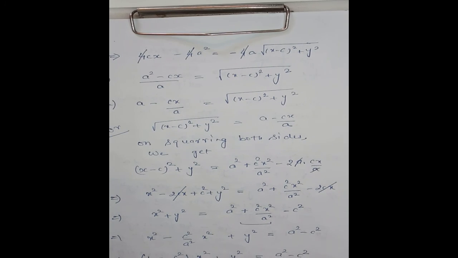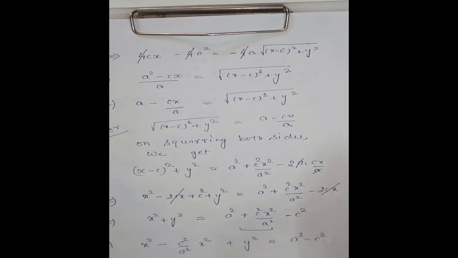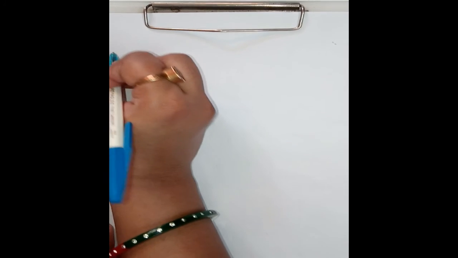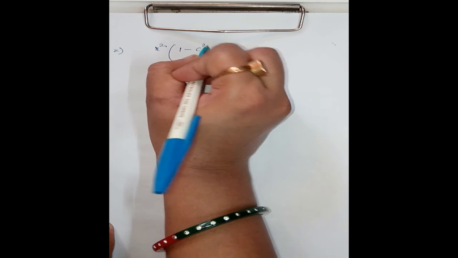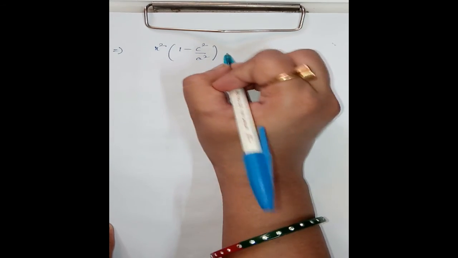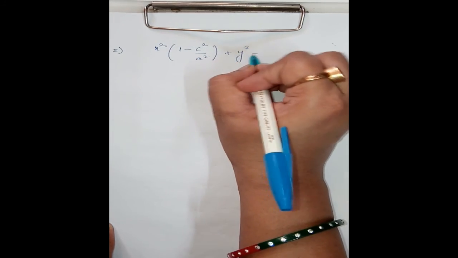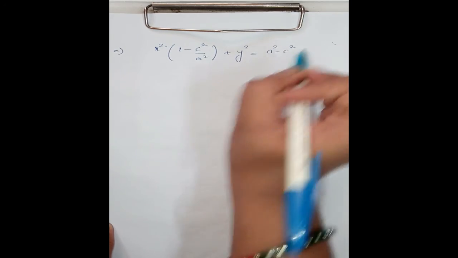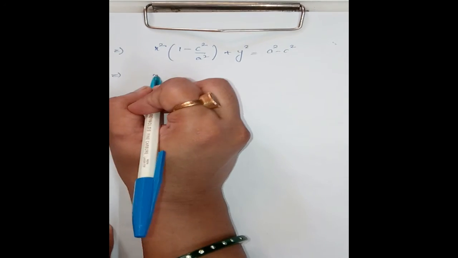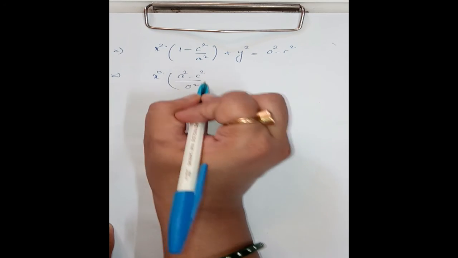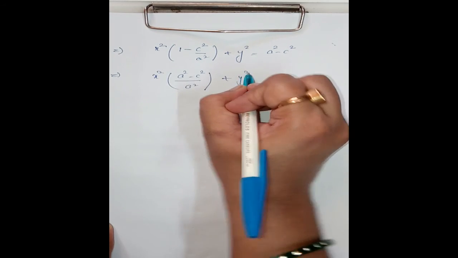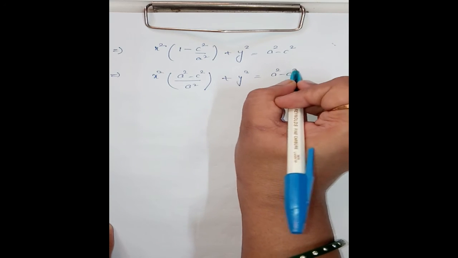Let us simplify this again. This is x square into (a square minus c square) divided by a square plus y square is equal to a square minus c square.